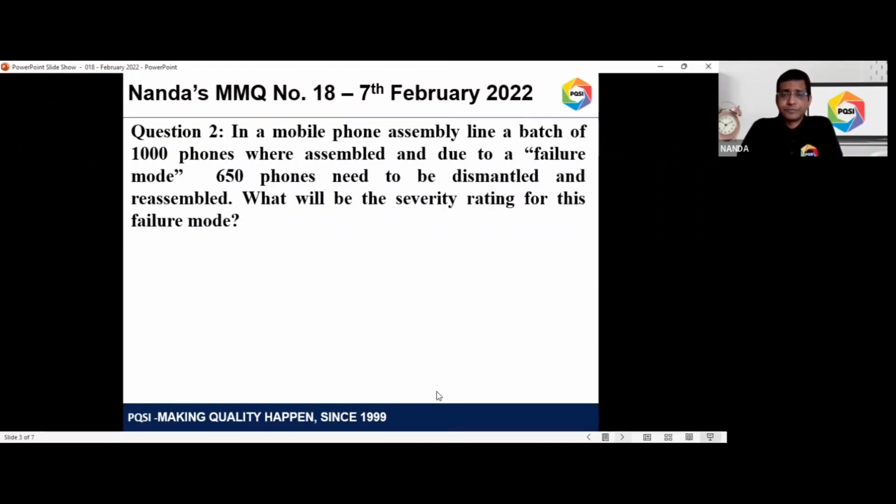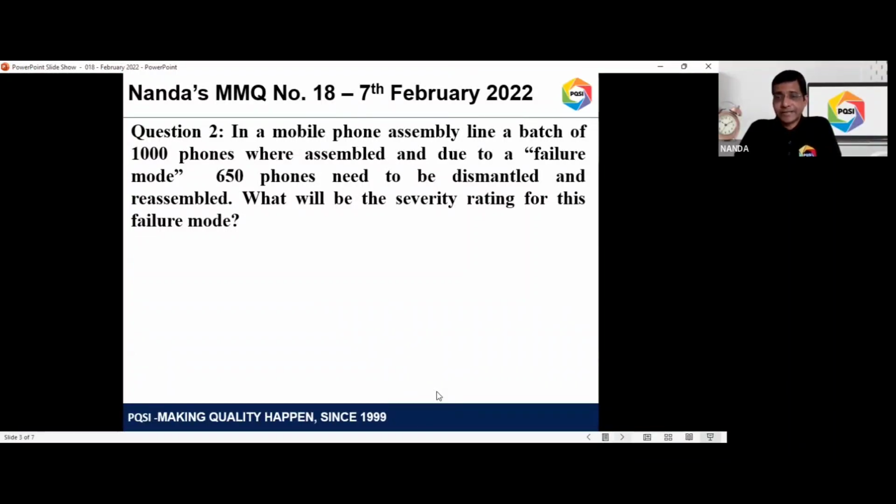Question number 2. In a mobile phone assembly line, a batch of 1,000 phones were assembled, and due to a failure mode, 650 phones need to be dismantled and reassembled. What will be the severity rating for this failure mode?